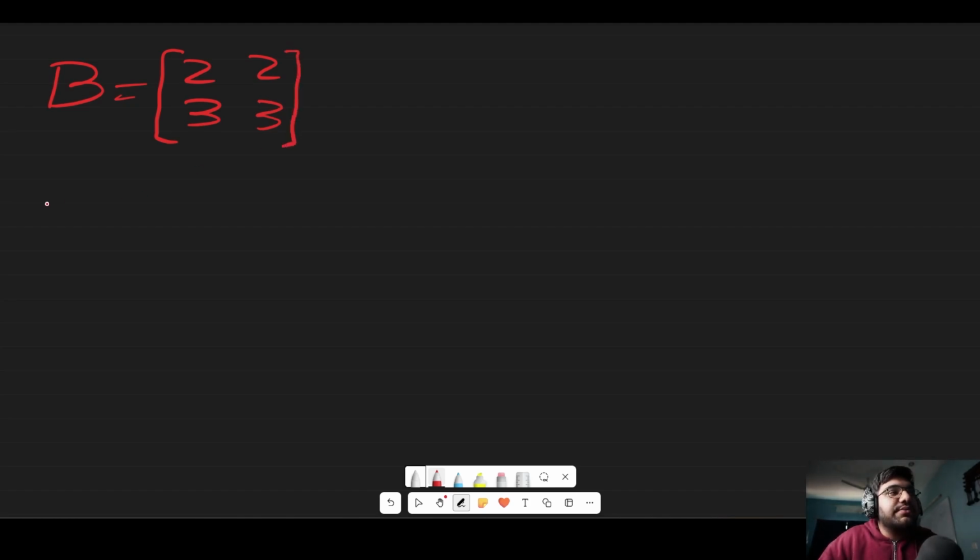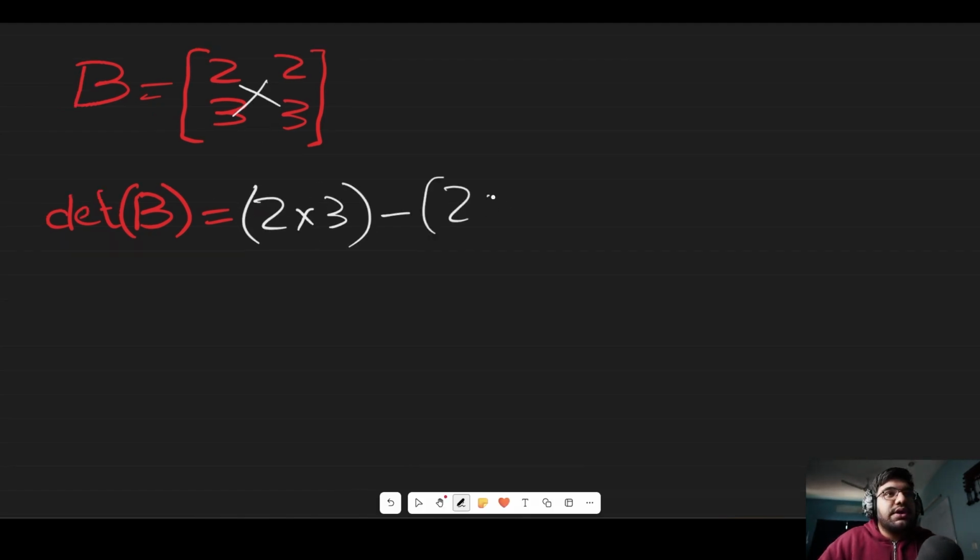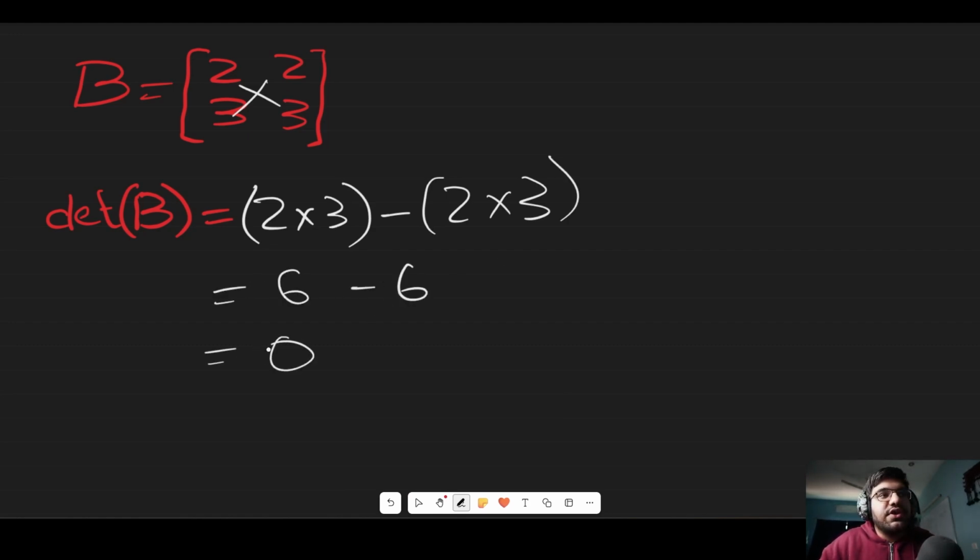And let's take the determinant of B matrix. So the diagonals would be multiplied, 2 multiplied by 3, and again negative, 2 multiplied by 3, which comes out to be 6 minus 6. So the determinant of B is equal to 0. So you can already see what's happening here.